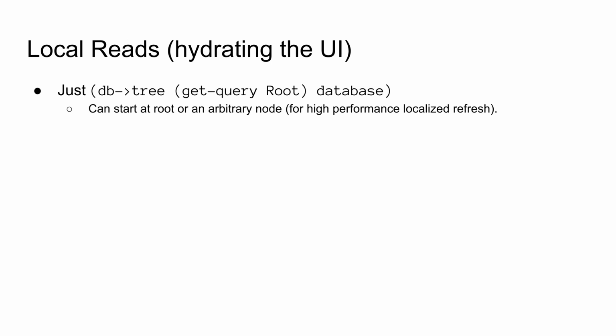So let's talk about the local reads. This is just db to tree. When we want to hydrate the UI, all we have to do is get the query of root, get the database, run db to tree on it, and we can do that from any root, or the root, or any arbitrary node that has an ident where we can say, okay, this is the node in the graph where we're starting, and that latter part is used for high performance localized refresh.